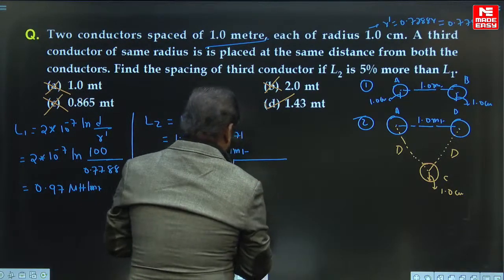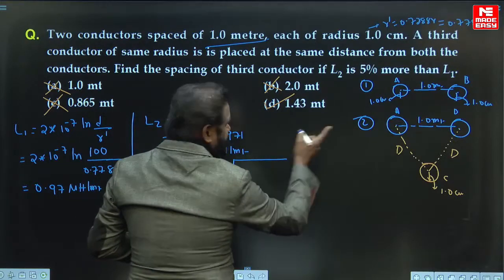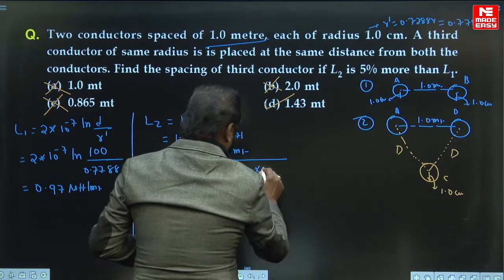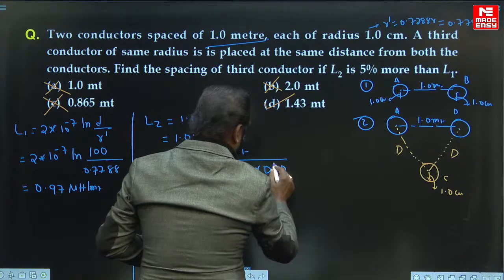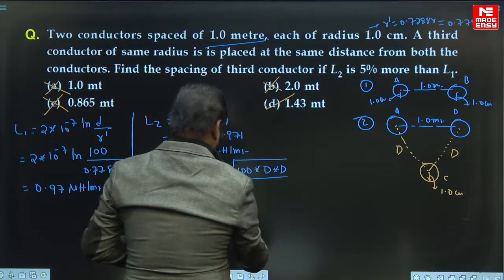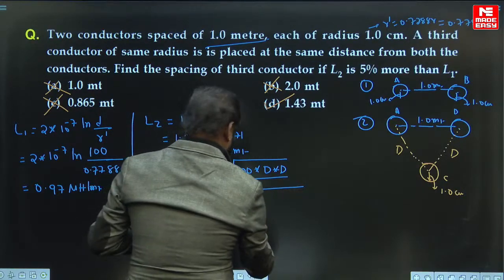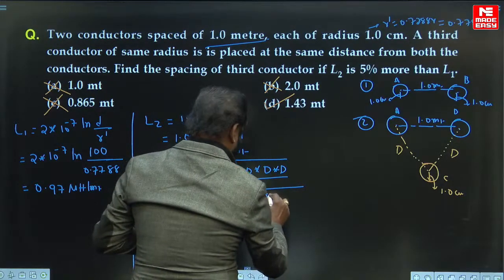Now cube root of this equals this distance, that is 100 into d divided by r dash, that is 0.7788.